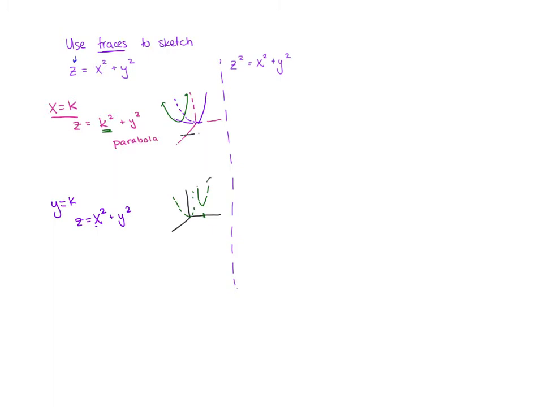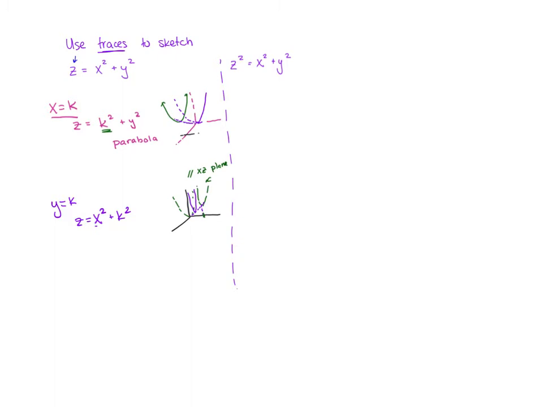So these parabolas are parallel to that xz plane. And I just meant to make that y equal a k here. Depending on what that y is, my parabolas are going to be higher and higher, so I'm going to get these higher and higher parabolas each time.